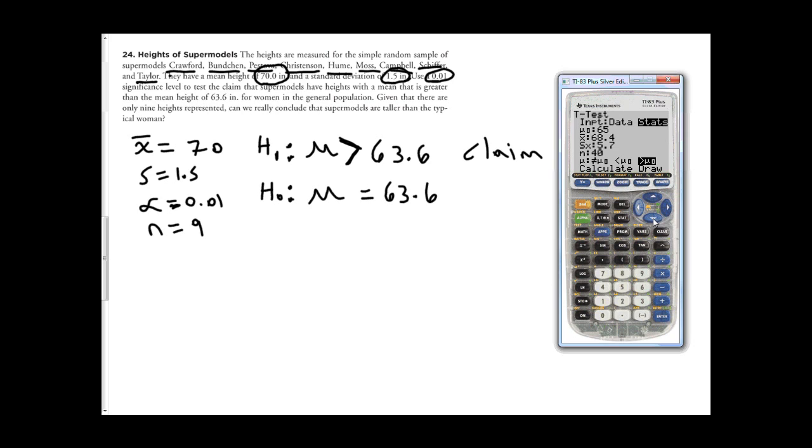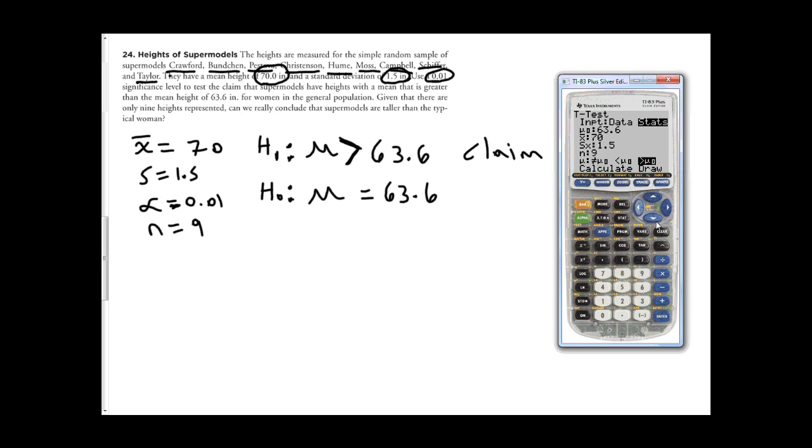The mean from the null hypothesis is 63.6. The mean from the sample, the mean of the supermodels, was 70 inches. The standard deviation was 1.5, not much variation amongst their heights there. And the sample size was 9.